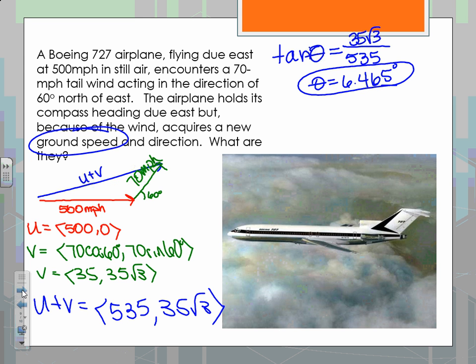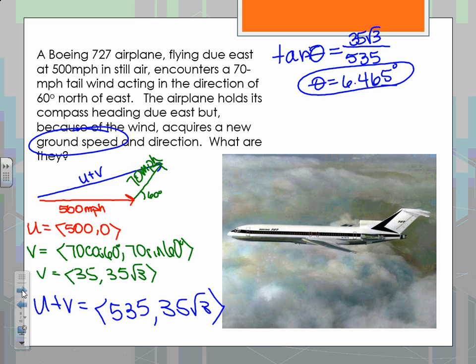Since speed is how we describe the magnitudes of these two vectors, if we find the magnitude of u plus v, it will give us the speed of the plane. The plane is set at 500 miles per hour, but if we were watching it with the wind affecting it, we're going to see it go this blue speed. Does that make sense? Yeah.